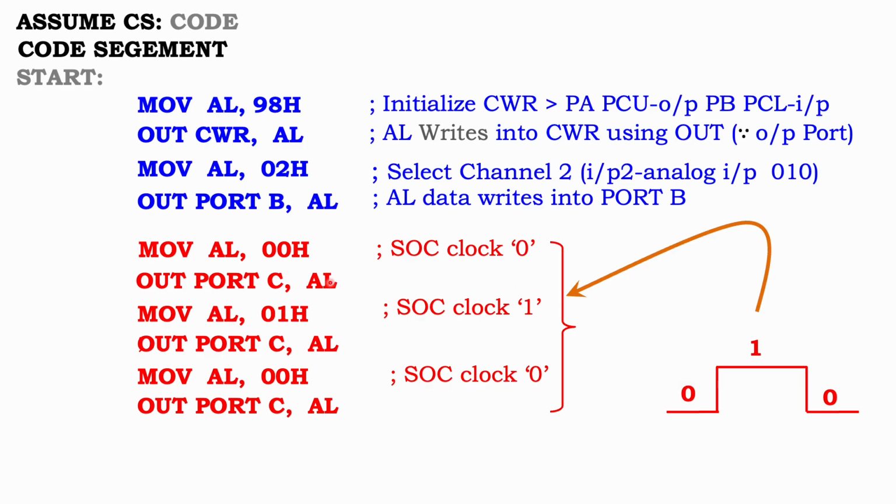The accumulator is loaded, and I already said that port C is exclusively used only for conversion, from the start of conversion to the end of conversion. So port C is first loaded with 0 0. Next it is loaded with logic high. Later it will be loaded with 0 0 again. This gives the clock to start the conversion.